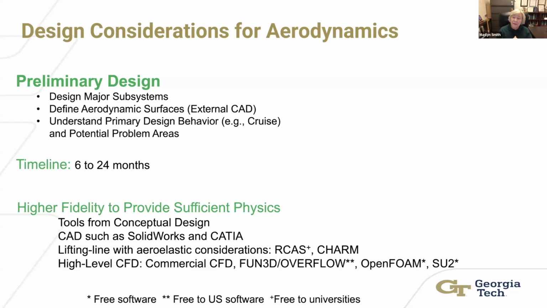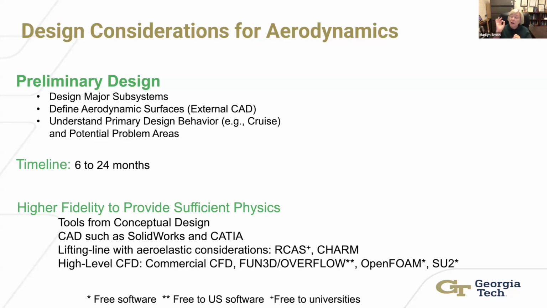Now, if you look at the thing I said, lifting line panel type codes with aeroelastic considerations, you really don't have a lot of time to run full up CFD. Use what we call the mid fidelity codes, where you can, to do the broader number of points within your design of experiments.